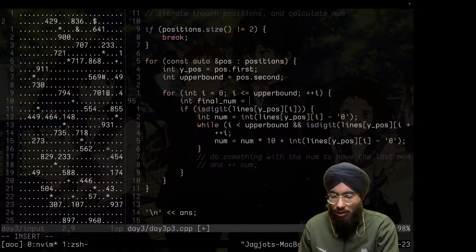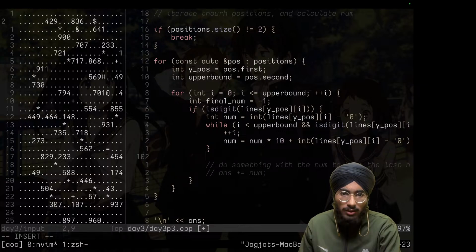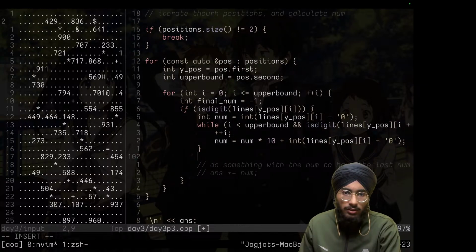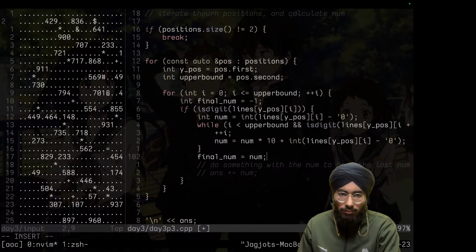Equals to 0, not 0, but -1. After this if statement, final num equals to num.